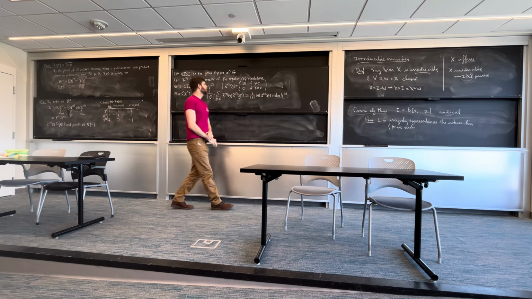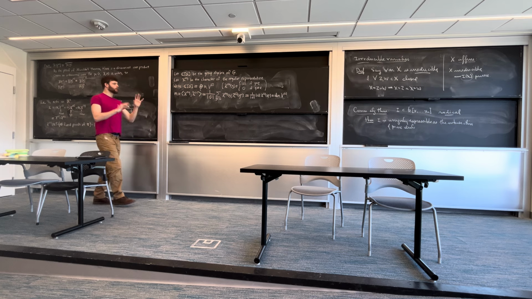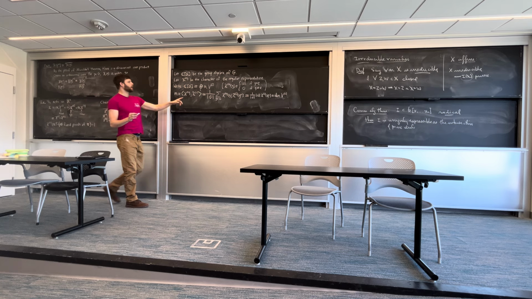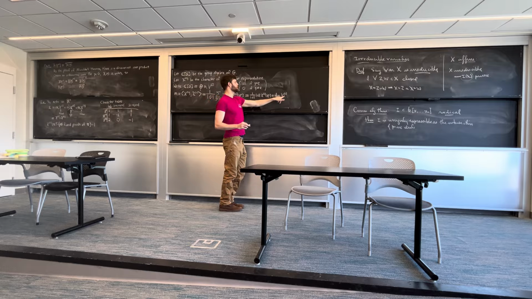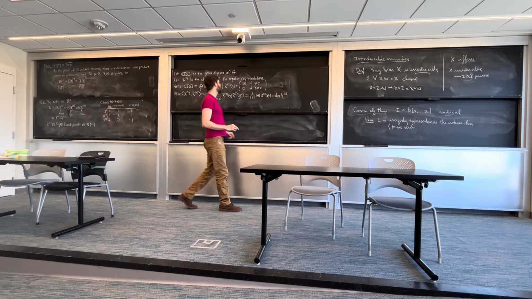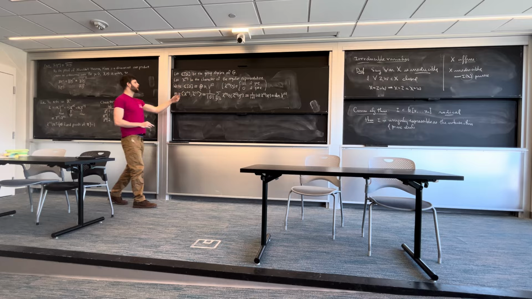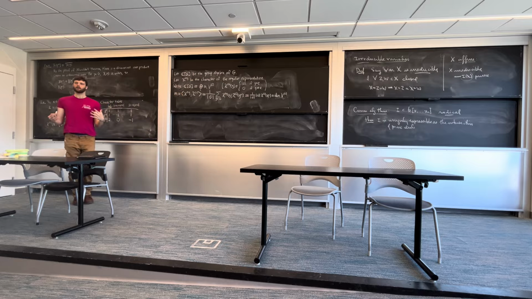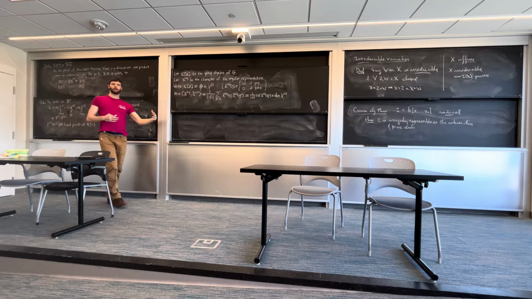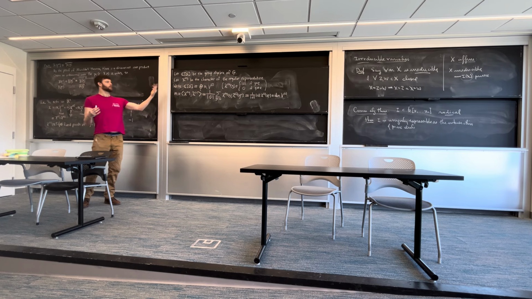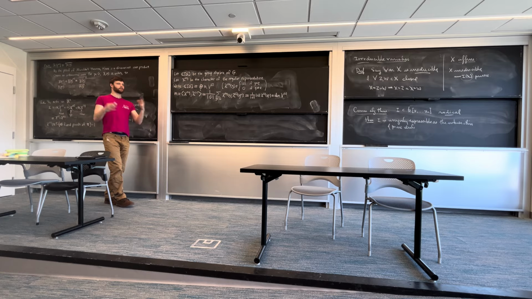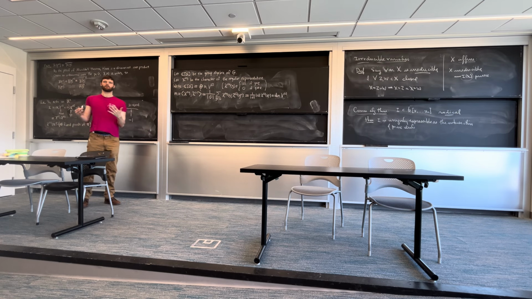Okay? So what this is saying is that the number of times that an irreducible representation, some arbitrary irreducible representation, shows up inside of the regular representation is equal to its dimension. And in particular, that shows that every irreducible representation shows up at least once in the regular representation, because every irreducible representation has dimension at least 1, right?